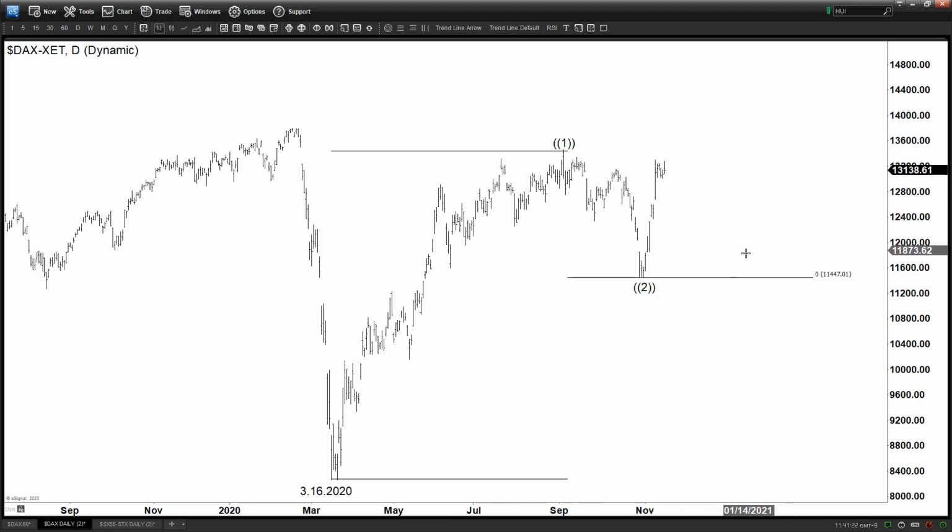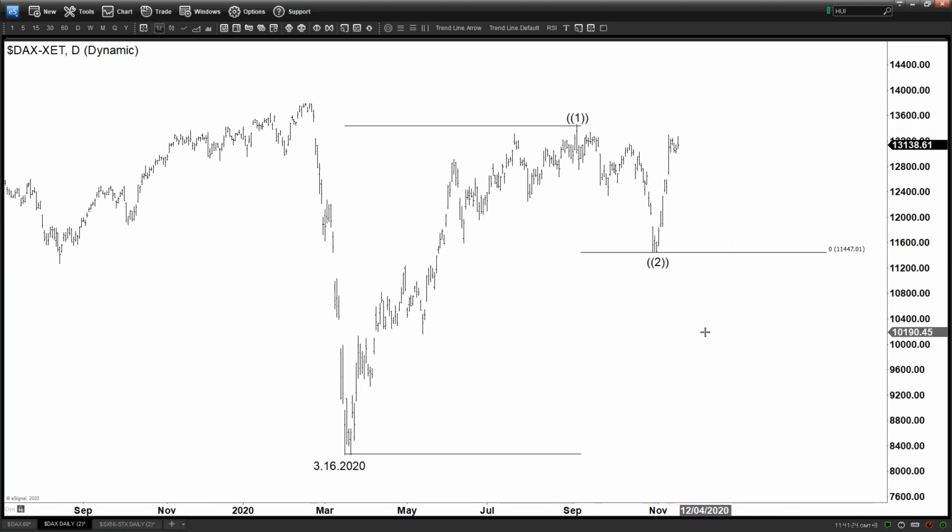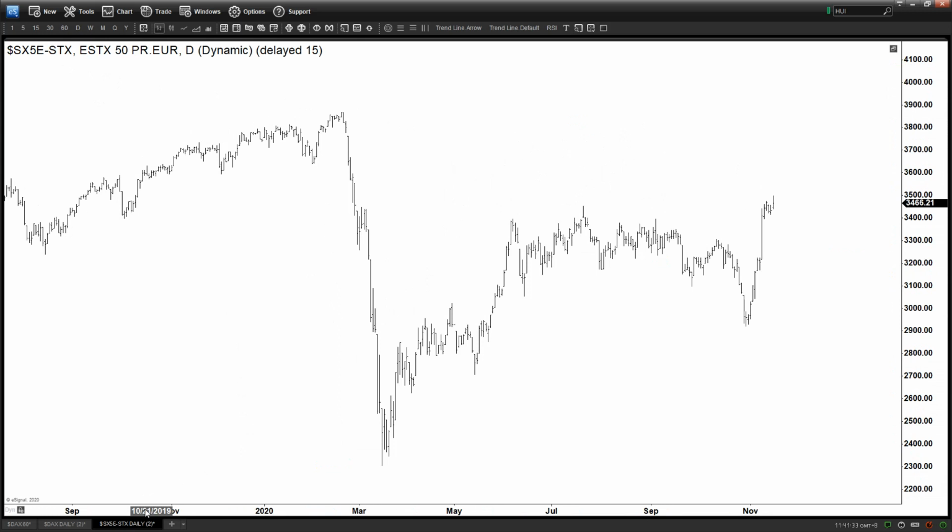Besides, if you look at other indices to correlate, another correlated and similar index to the DAX is the Euro Stocks. Now Euro Stocks technically is not just a German index. This is a Eurozone index, but primarily it's German companies as well as French companies. Now if you take a look at the Euro Stocks here, you see the index has broken above the previous peak here, which is July 22nd.